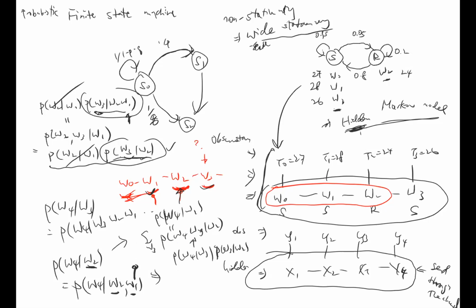Then you use the same argument as this one here. It will be the same as P of W3 given W2, W1, and then you put the terms back together and get back this one.